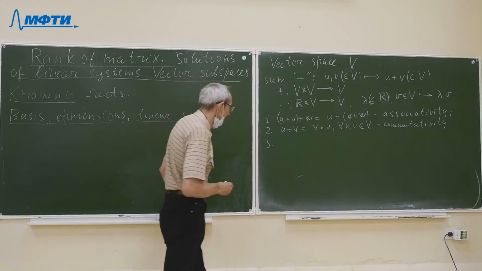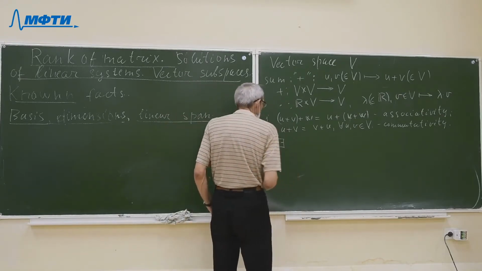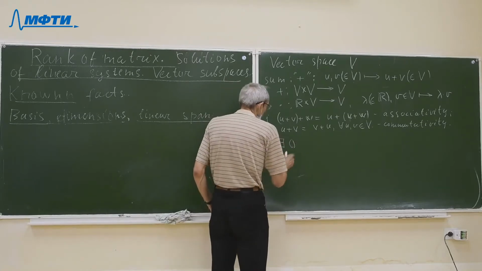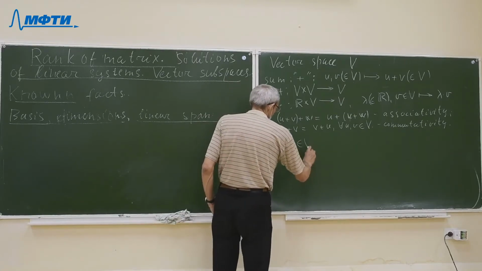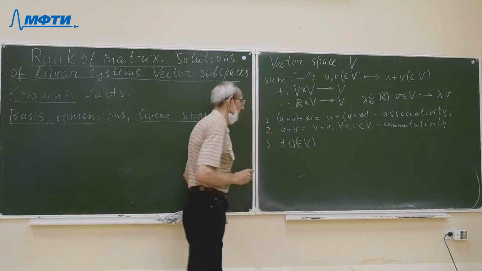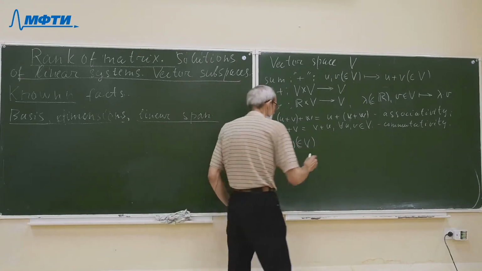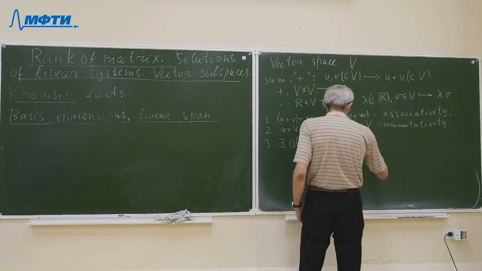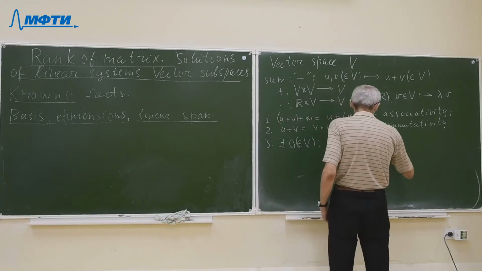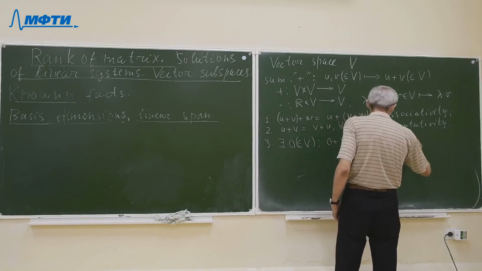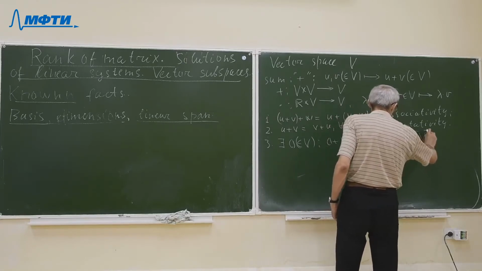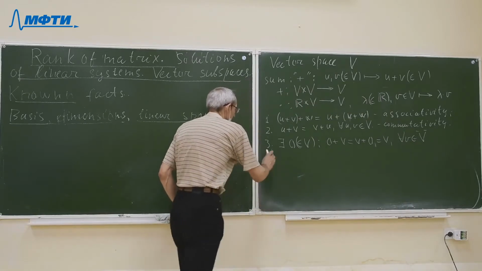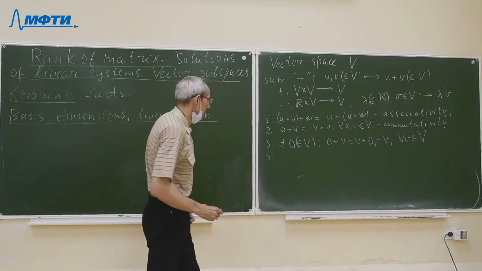Third axiom. There exists an element which we call 0, an element of the vector space, such that 0 plus v is equal to v plus 0 and is equal to v, for all v from vector space V. Axiom number 4.